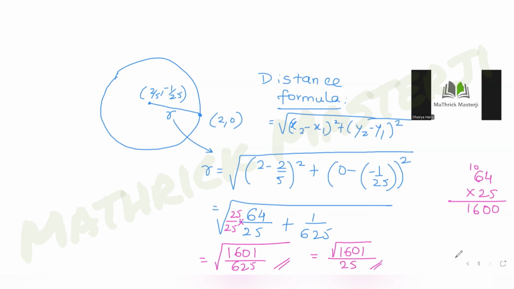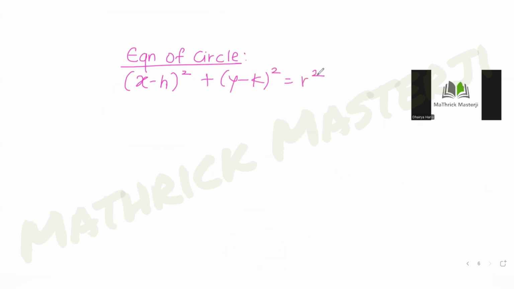Now once I get the radius of the circle, the question is asking me for the equation of the circle. So I know the general form of the equation of a circle is (x minus h) the whole square plus (y minus k) the whole square equals r square.